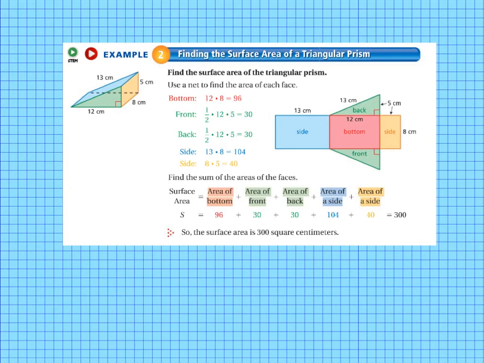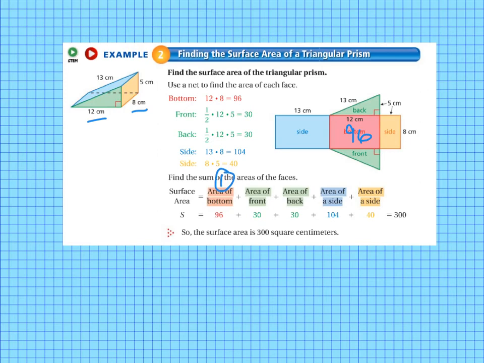Just like we did with our rectangular prism, we are going to separate out by each side and take each face separately. So let's start with the bottom. The bottom is step 1, and the area of the bottom is 12 by 8. So 12 times 8 is 96.